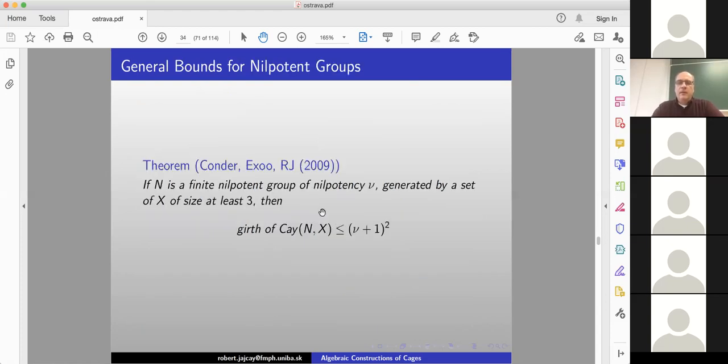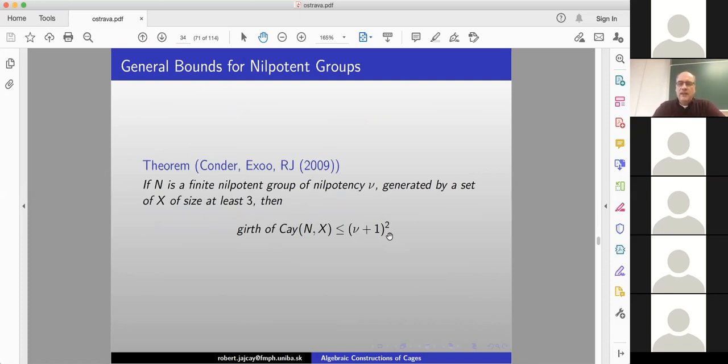We were able to prove that if you have a finite nilpotent group, where the nilpotency is the length of the series, and it's generated by a set of size at least 3, then the girth of any Cayley graph, this is important, this is a general result, that uses a finite nilpotent group of nilpotency nu is limited by a square of this nu.